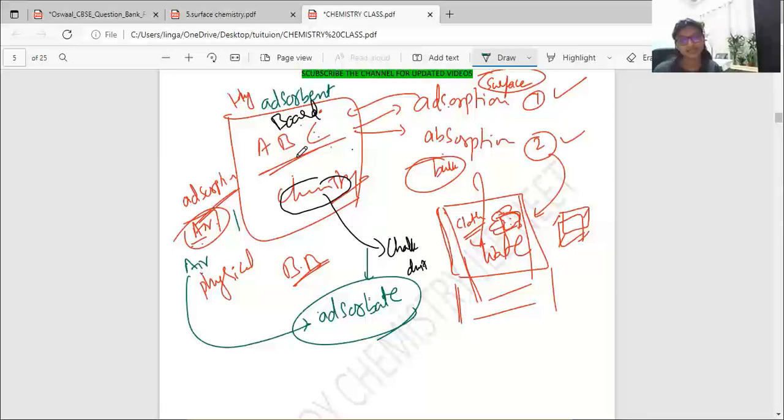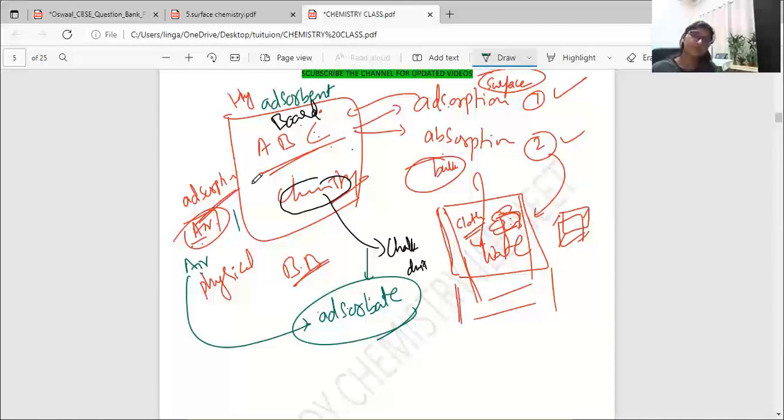Right. Now, in between the adsorbent and adsorbate, if the bonds are physical van der Waals forces, that is physisorption. If the bonds are chemical bonds, that is chemisorption.